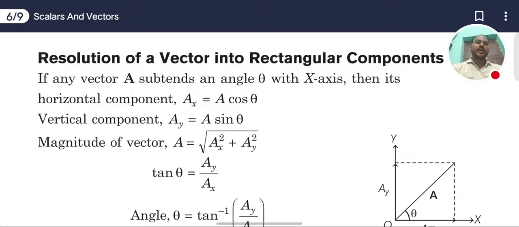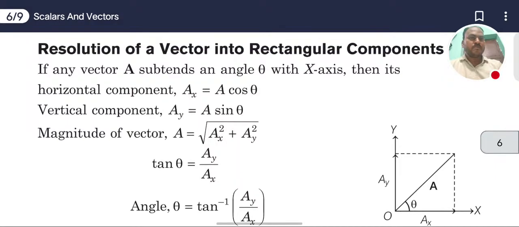If any vector A subtends an angle theta with the x-axis, then its horizontal component, along the x-axis, is Ax equal to A cos theta, and the vertical component is Ay equal to A sine theta.